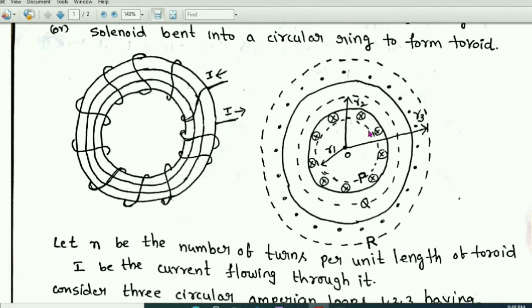For the first Amperian loop, we consider the free space inside the toroid. Inside the toroid means, if you consider this toroid like the tube of a tire, in that inner free space we consider the first Amperian loop.